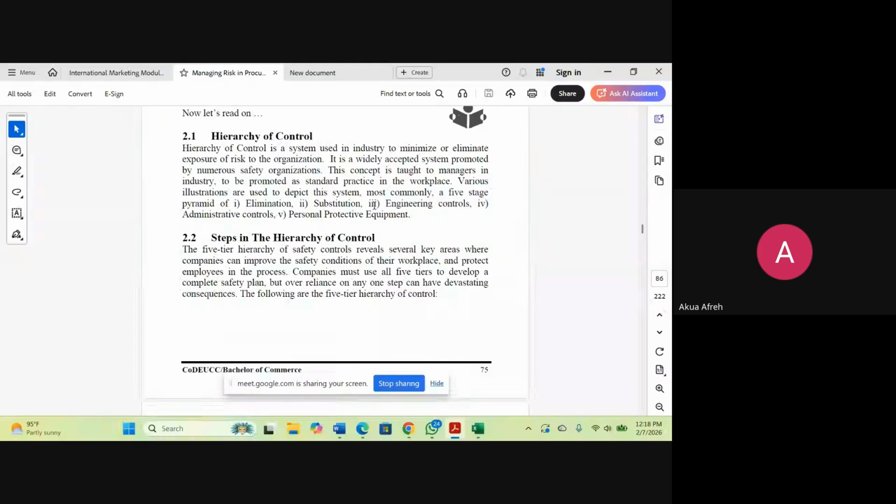It helps managers to answer some important questions, like, if this risk exists, what is the most effective way we can control this risk? So instead of jumping into some simple solutions, this hierarchy of control can help you as a manager to think systematically. So this is what the hierarchy of control is about.